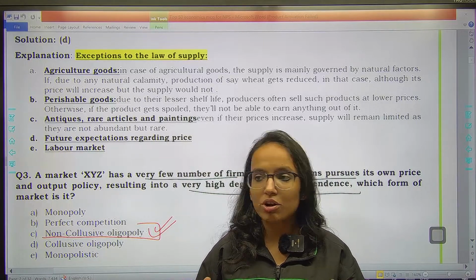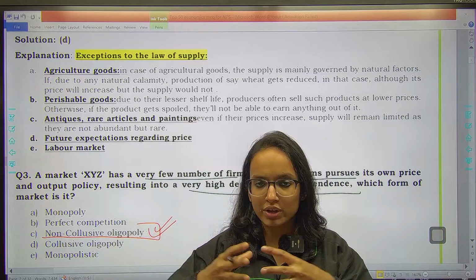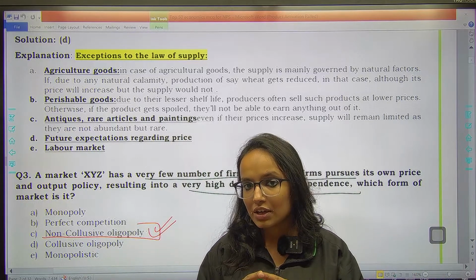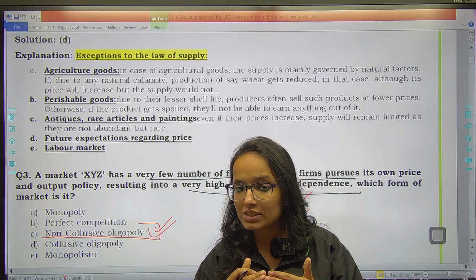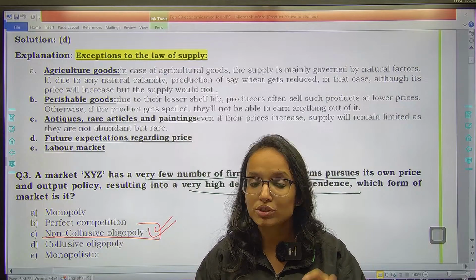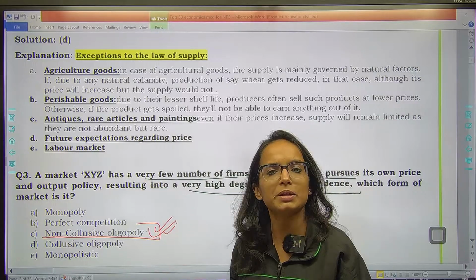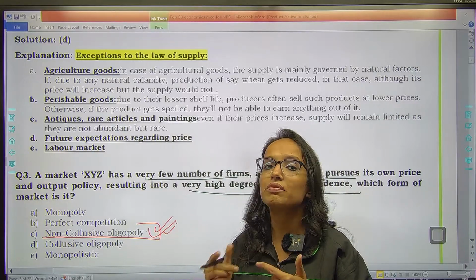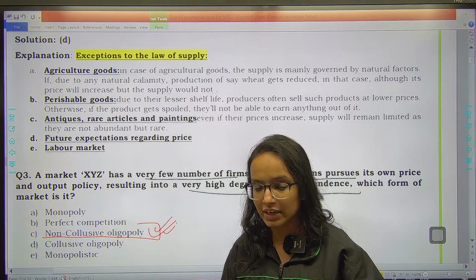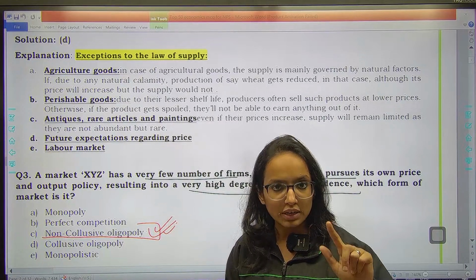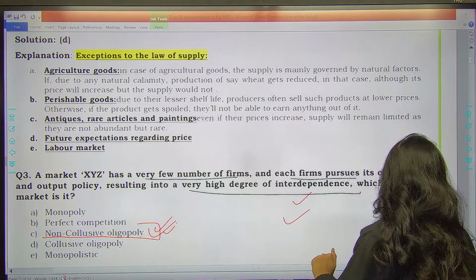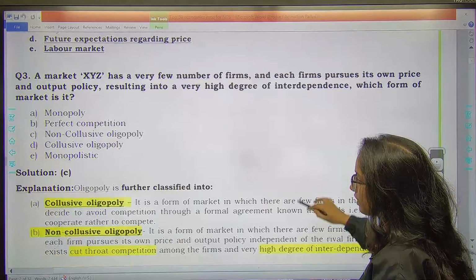In collusive oligopoly, different oligopolists form a group together. They make shared decisions so as to dominate the price. But in non-collusive oligopoly, they pursue their independent policy. That's why there is a high degree of interdependence. If one cuts the rate, the other one's market will be spoiled. So non-collusive oligopoly, option C.